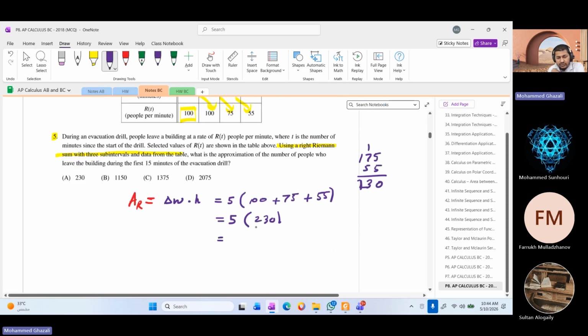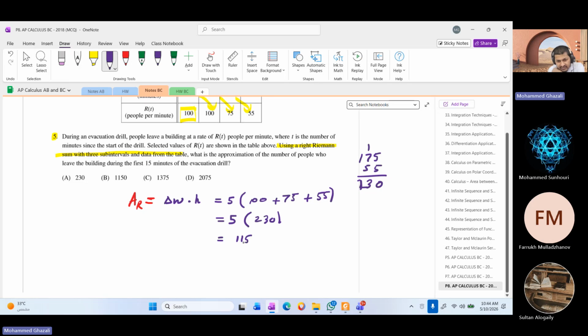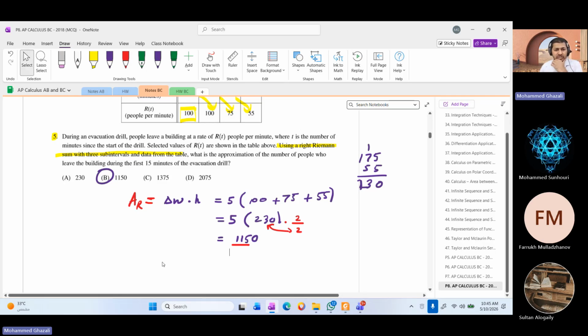Now half of 230 is 115, and multiply by 2, 1150. I'm doing this by multiplying by 2 over 2. So 5 times 2 is 10. I took half of 230, which is 115, and then add a 0 because 5 times 2 is 10. Just quick multiplication techniques.